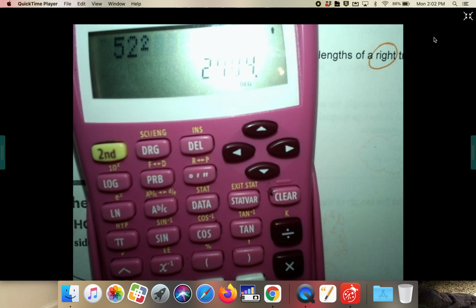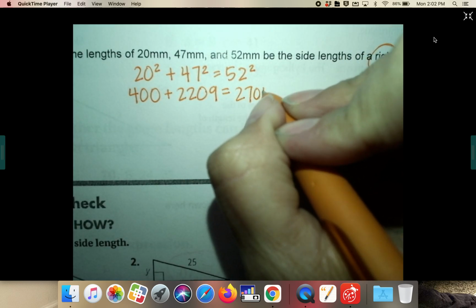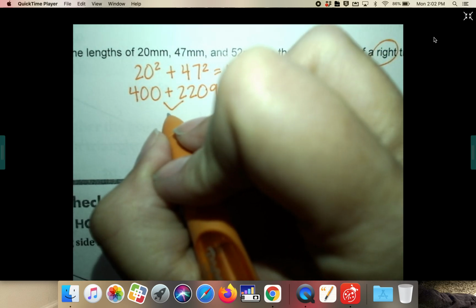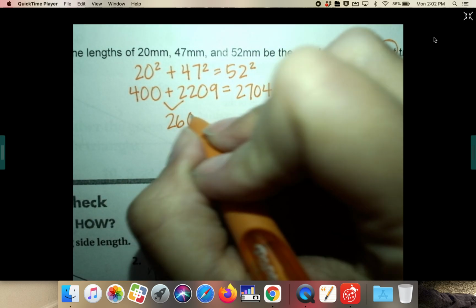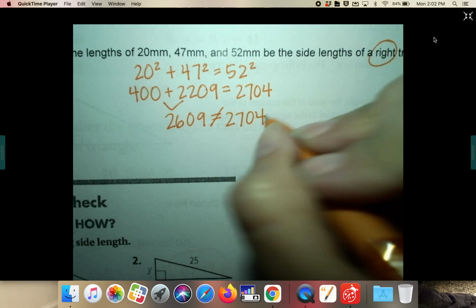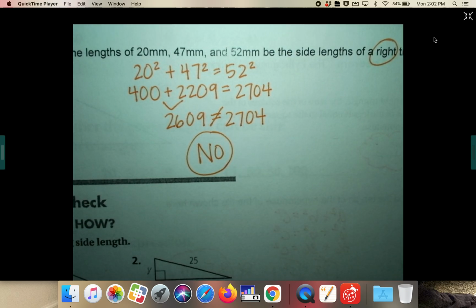And 52 squared is 2704. So when I add 400 plus 2209, it would just be 2609, and 2609 does not equal 2704, so this could not be a right triangle.